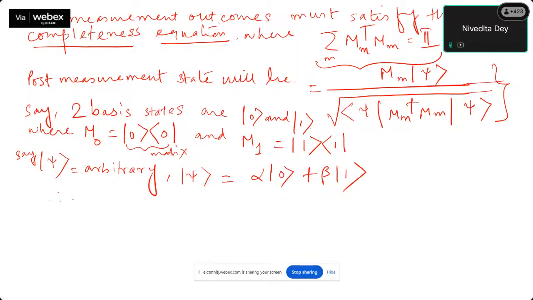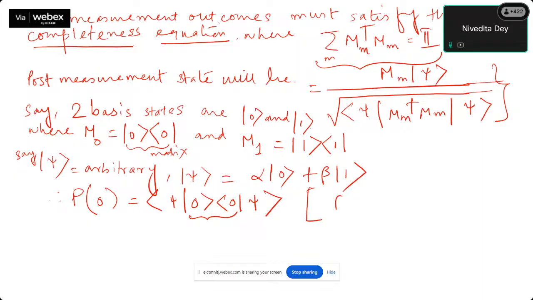Therefore, the probability of obtaining 0, or having a measurement outcome 0, is bra psi, M0, ket psi. So just look here. Why?